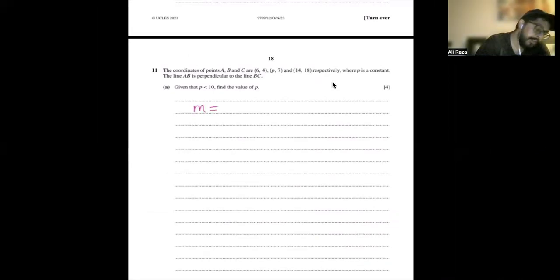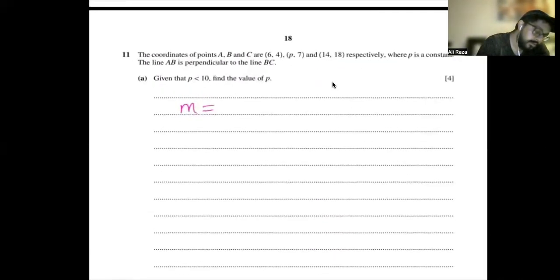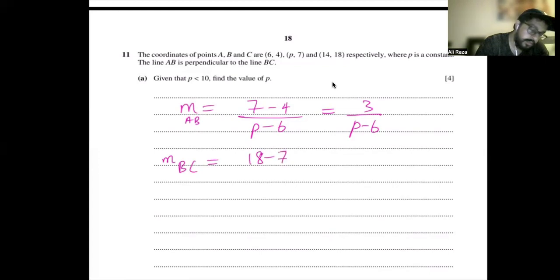So let's find the gradient of AB. 7 minus 4 upon P minus 6 gives us 3 upon P minus 6. And the gradient of BC is 18 minus 7 upon 14 minus P. This gives us 11 upon 14 minus P.